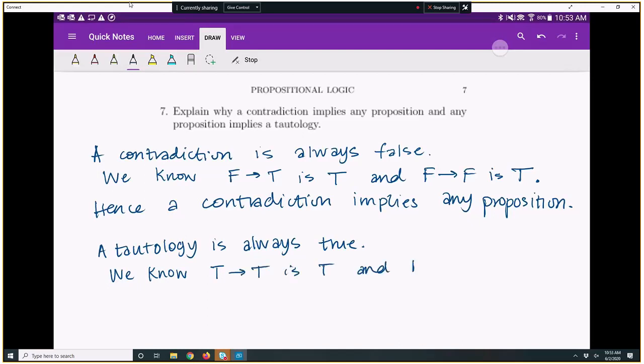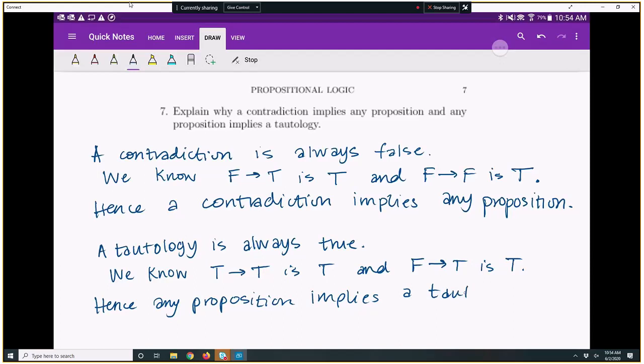And we also know that false implies true is true. So it doesn't matter what the truth values are for our proposition. If they're true, then they're going to imply the tautology. And if they're false, then they're going to imply the tautology. So hence, any proposition implies a tautology.